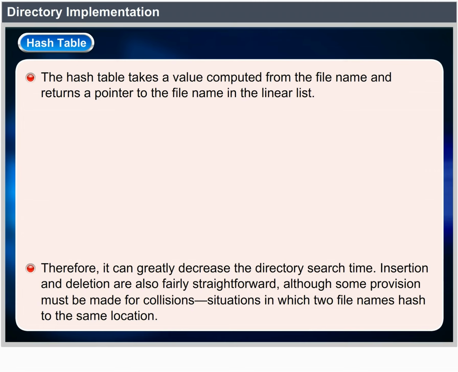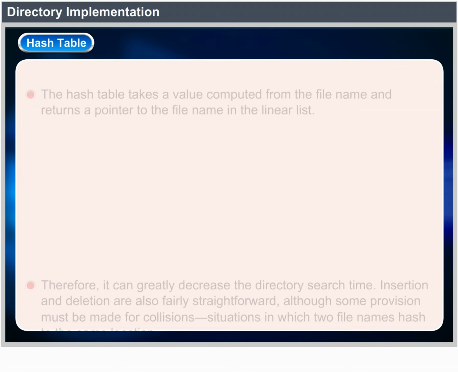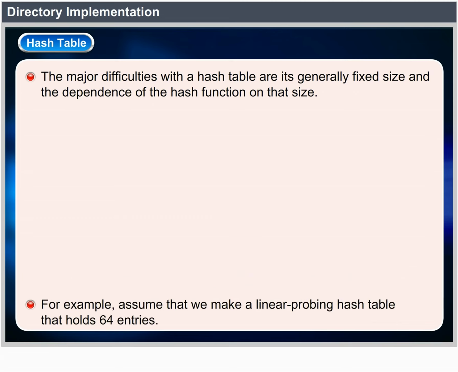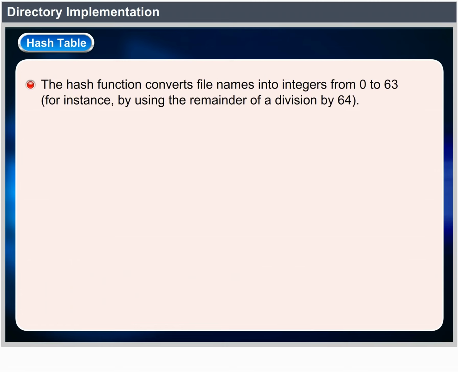The major difficulties with the hash table are its generally fixed size and the dependence of the hash function on that size. For example, assume that we make a linear probing hash table that holds 64 entries. The hash function converts file names into integers from 0 to 63, for instance, by using the remainder of a division by 64.